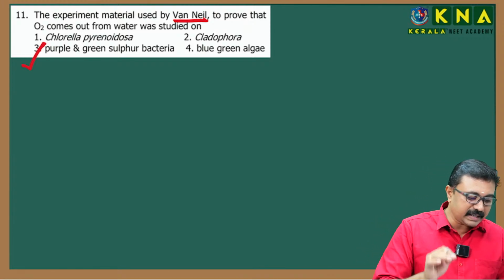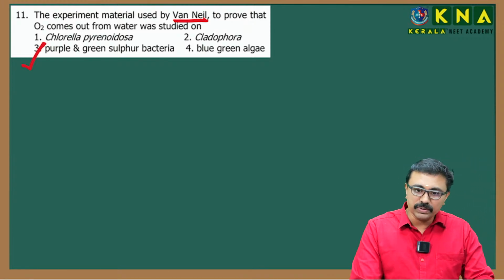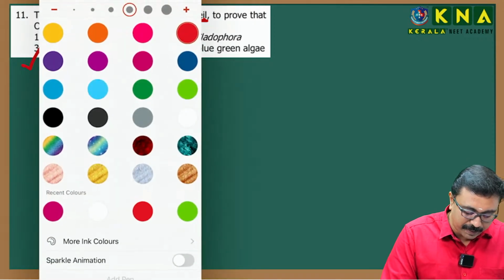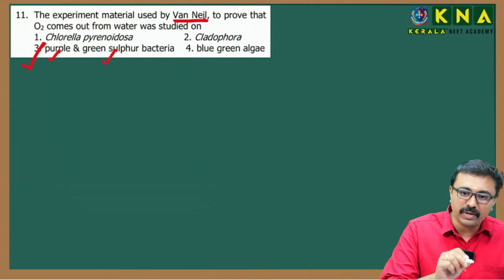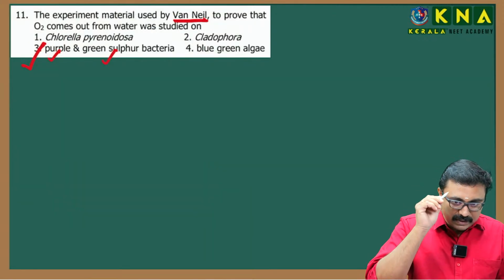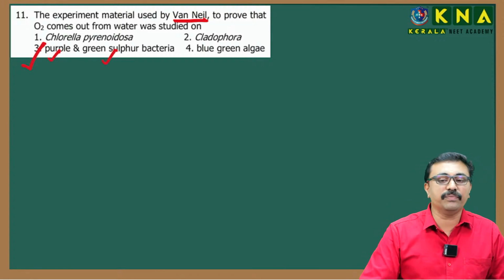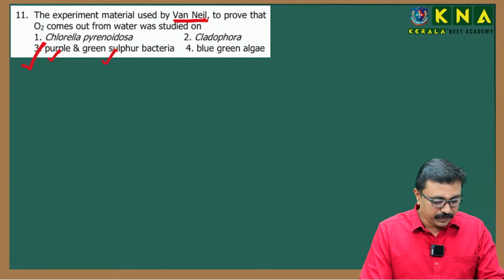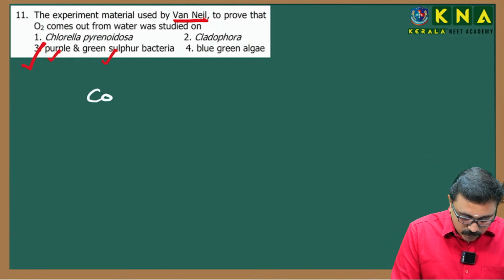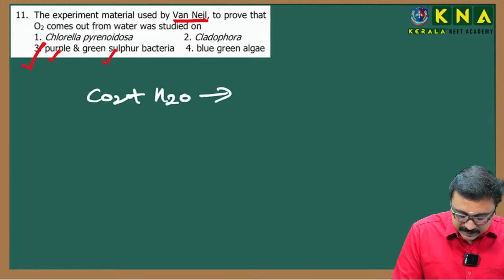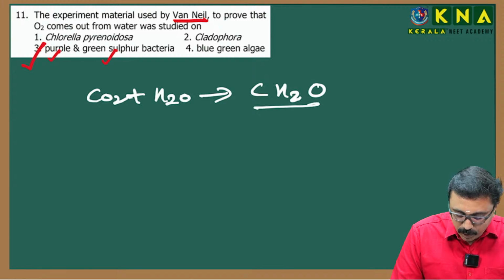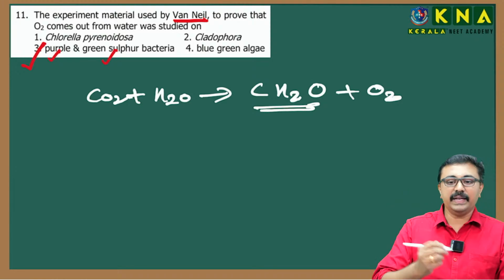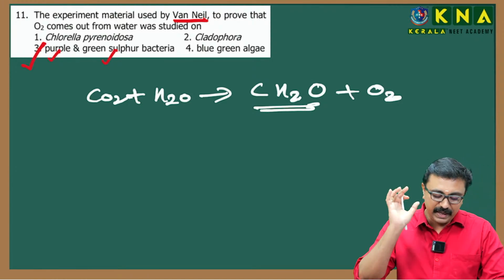So Van Niel conducted experiments using bacteria like purple bacteria and green sulfur bacteria and demonstrated that oxygen evolved during photosynthesis comes from water, not from carbon dioxide. So carbon dioxide and water give carbohydrate and release oxygen. This was the first equation given in NCERT.